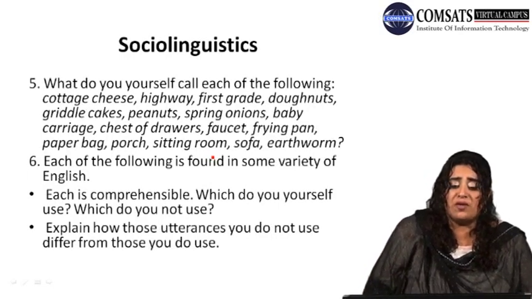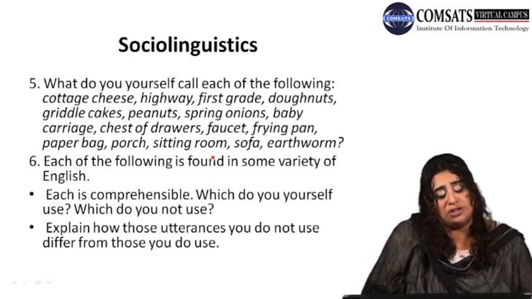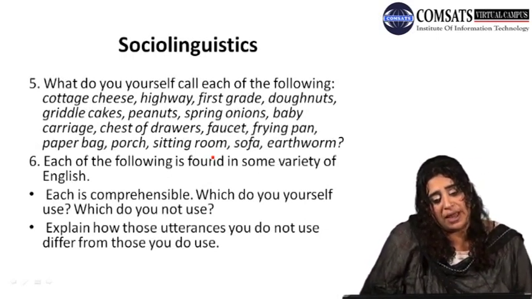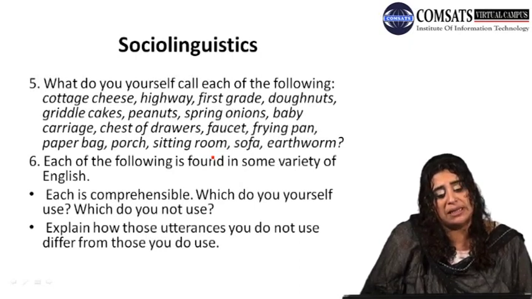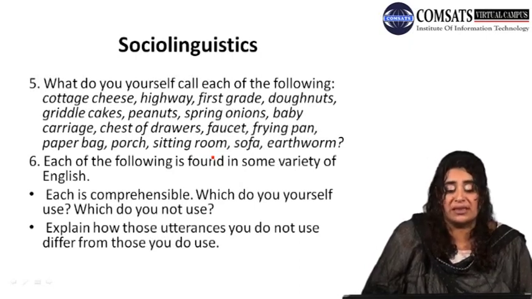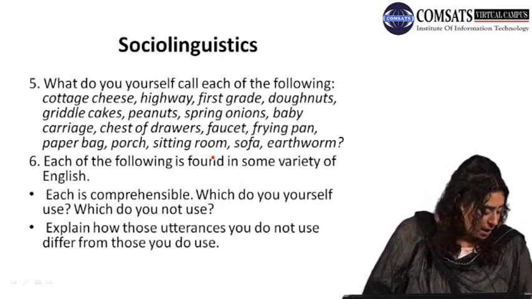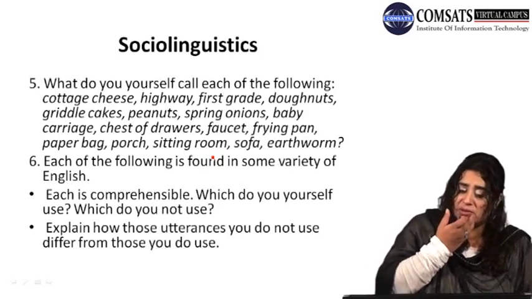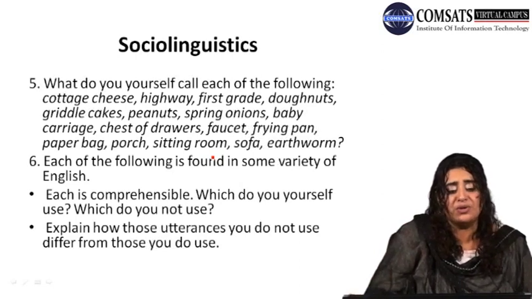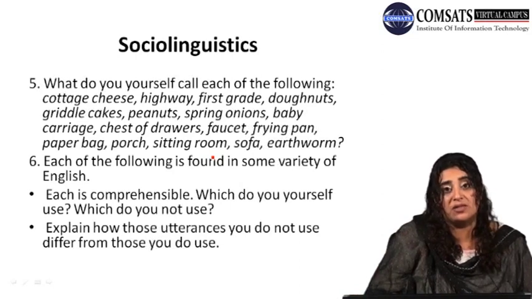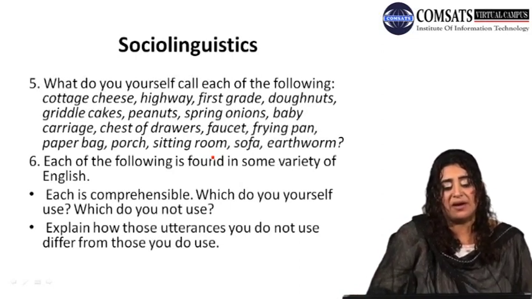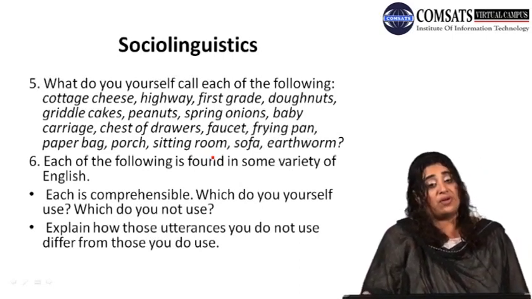So what do you yourself call each of the following: cottage cheese, highway, first grade, donuts, griddle cakes, peanuts, spring onions, baby carriages, chest of drawers, the faucet, the frying pan, the paper bag, the porch, the sitting room, the sofa, the earthworm?